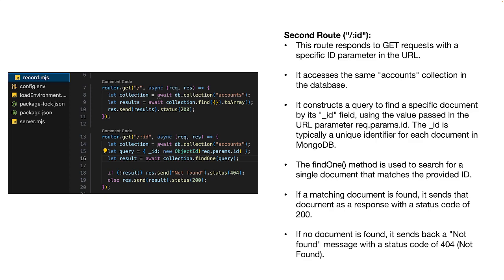The ID is typically a unique identifier for each document in MongoDB. The findOne method is used to search for a single document that matches the provided ID. If a matching document is found, it sends the document as a response with a status code of 200. If no document is found, it sends back a not found message with a status code of 404.